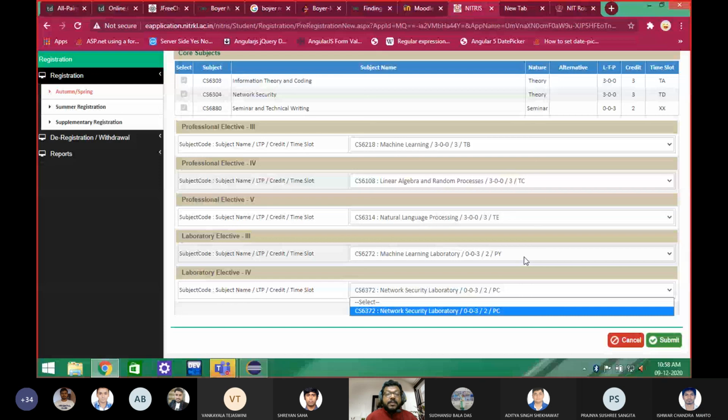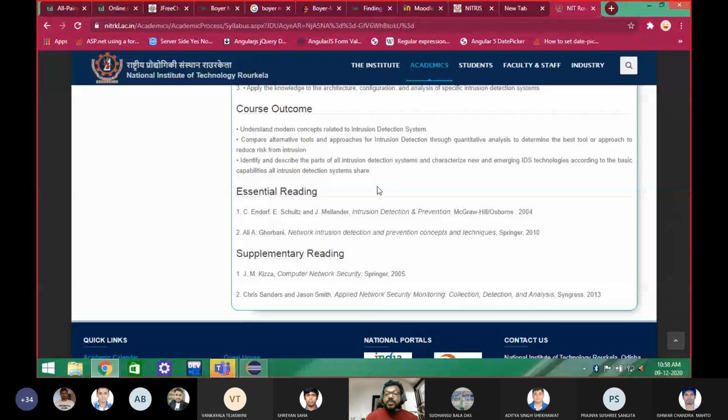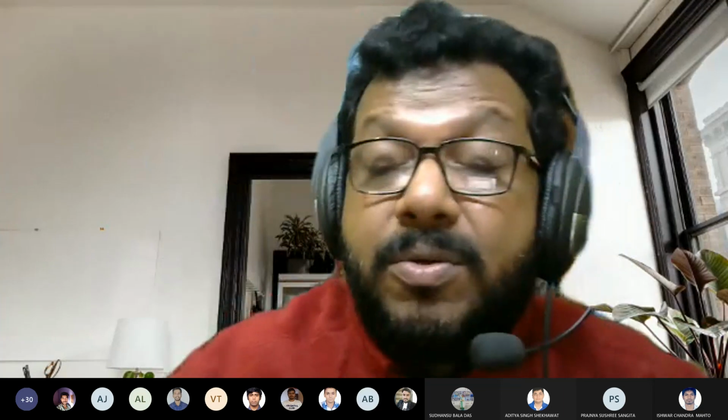For IS, we have only two compulsory labs: one is network security and another is machine learning laboratory. The machine learning laboratory is good. In security also some good algorithms are covered. Labs are okay. It covers many security tools which will be required if you want to go for thesis work. Snort and other tools are covered.